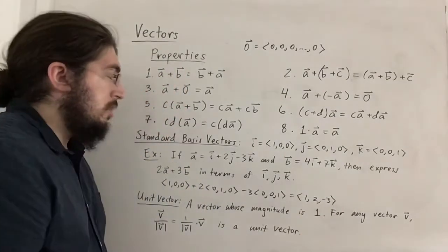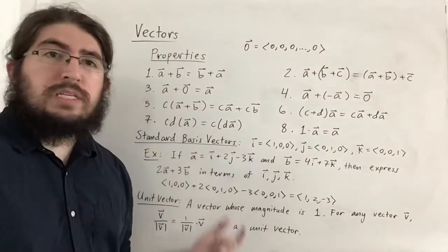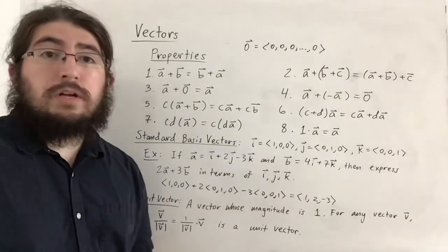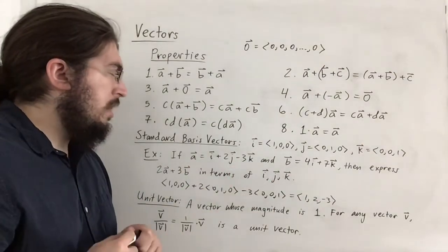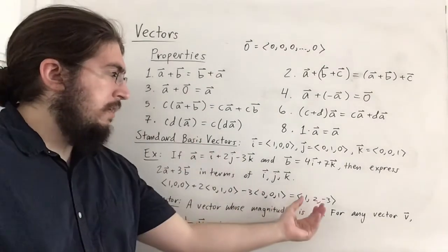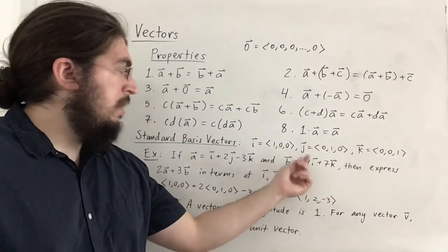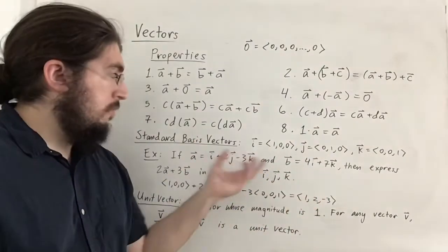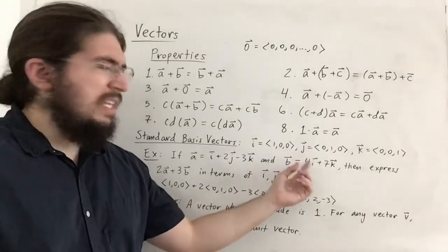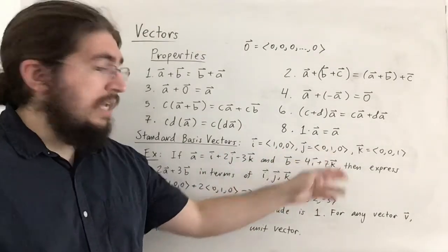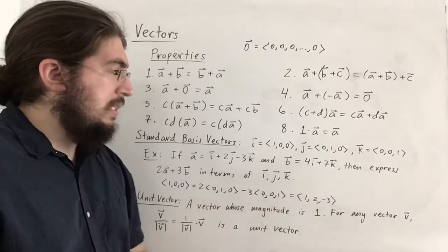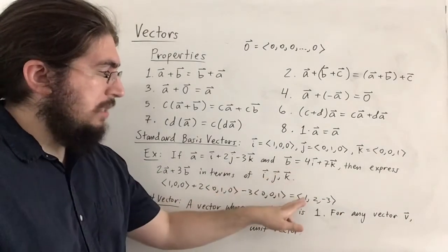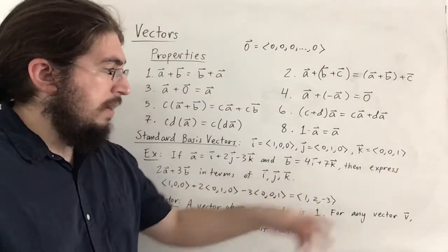So this really is just looking at the coefficients of i, j, and k, and those are the components of your vector. Really all we're doing is adding this vector to the vector 4, 0, 7, because there's no j term. You can think of this as plus 0j if you like. So 4, 0, 7 added to this will be the vector 5, 2, 4.